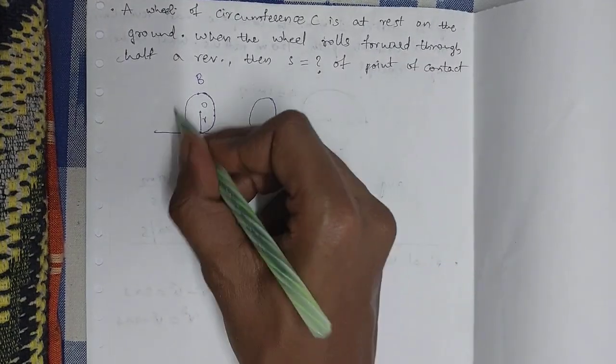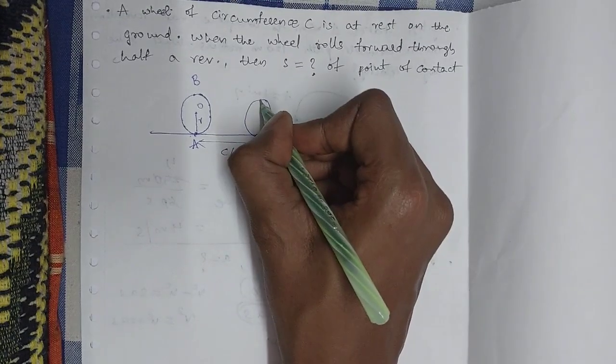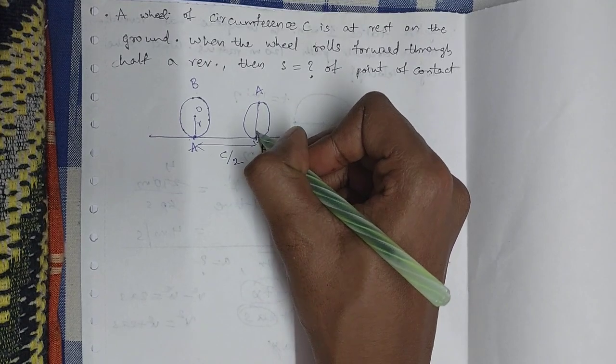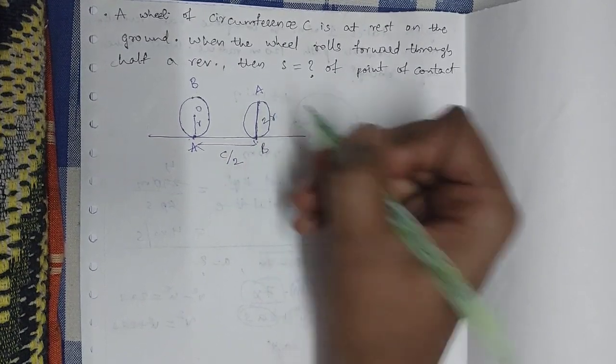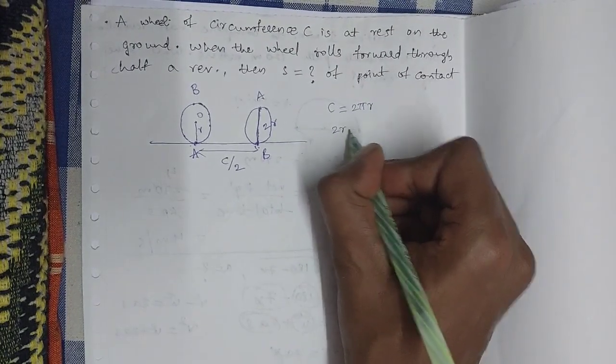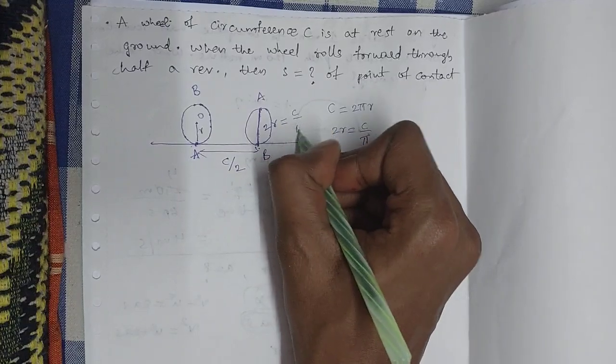By half of the revolution, point B comes downward and point A goes upward. Then the vertical distance between these two points is 2r. Actually, the circumference is 2 pi r. Then 2r equals c by pi.